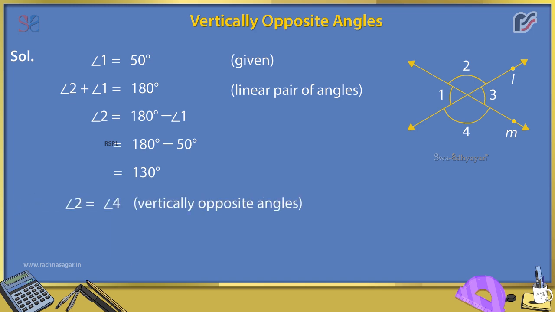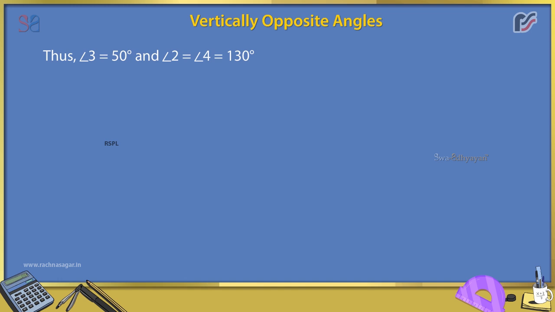Angle 2 is equal to angle 4, vertically opposite angles. Therefore, angle 4 is equal to 130 degree. Angle 1 is equal to angle 3, vertically opposite angles. Thus, angle 3 is equal to 50 degree and angle 2 is equal to angle 4, which is equal to 130 degree.